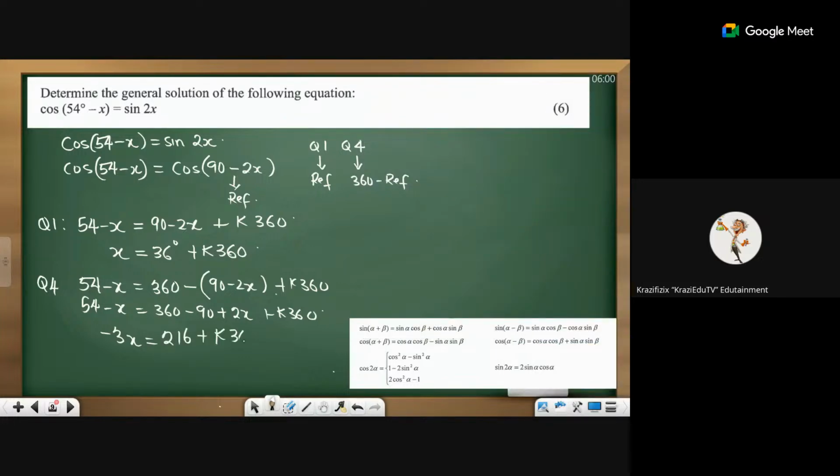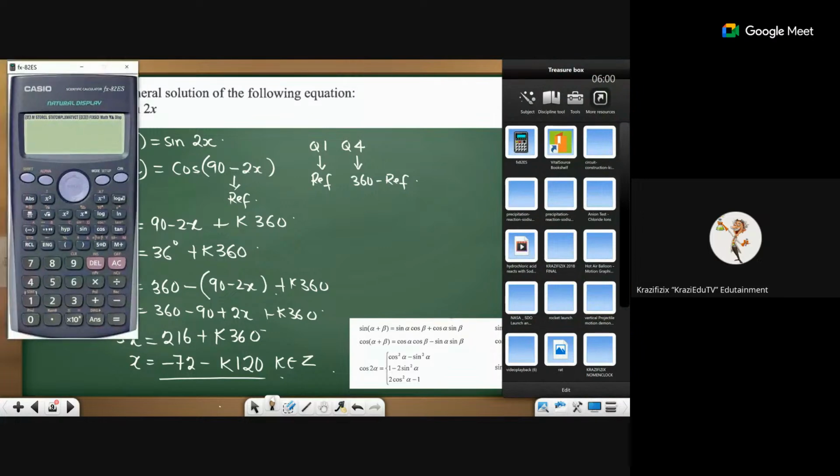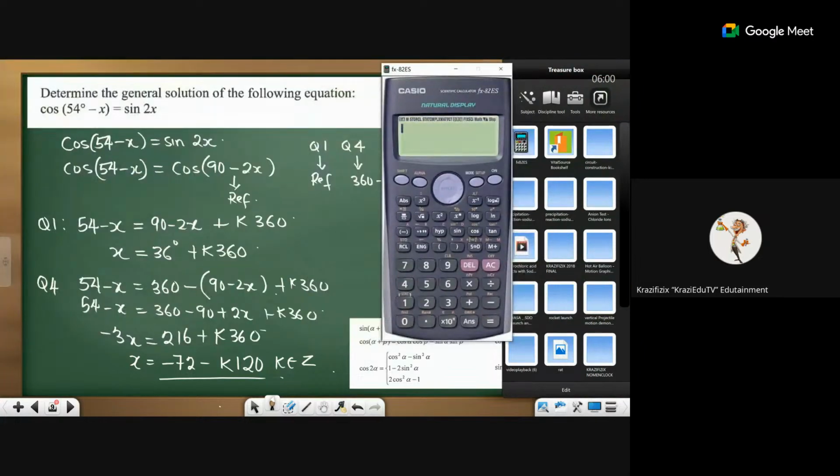We are going to get negative 72 minus k times 120. k is perfectly correct. Guys, I take my time to test. It means quality. Negative 72, let's check our answer. This answer is giving us negative 0.5877.